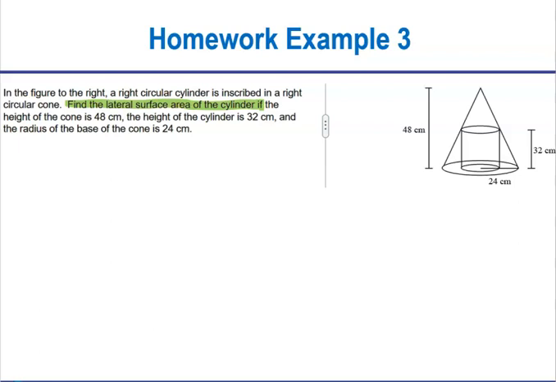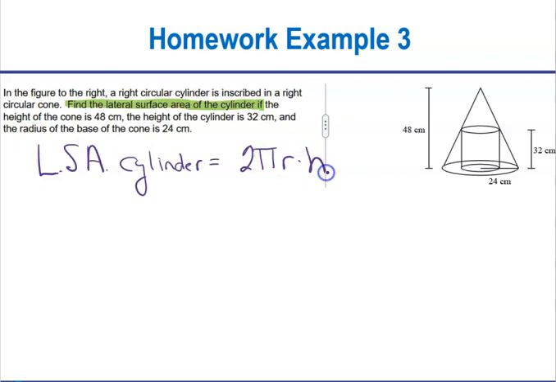That's all we're trying to find here. So again, the lateral surface area, I'm going to put LSA for lateral surface area of a cylinder, is just equal to 2 pi r h.